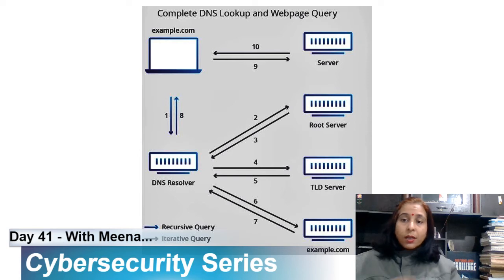It's really very complex, and we need to understand it right now because unless we understand the working of the DNS server, we will not be able to understand how attackers perform attacks over it. There are two things happening.